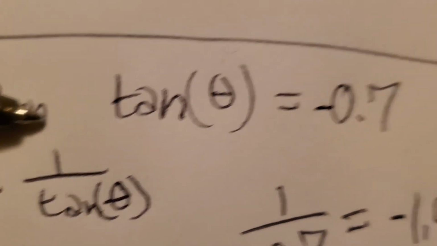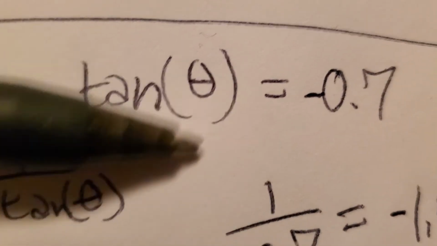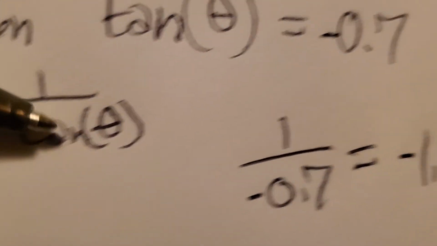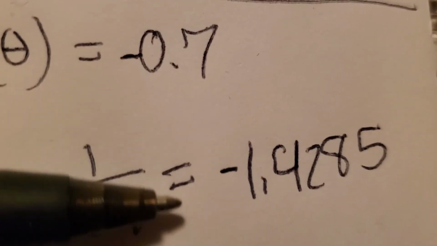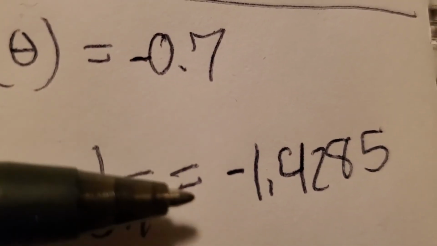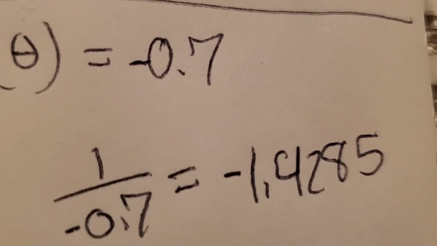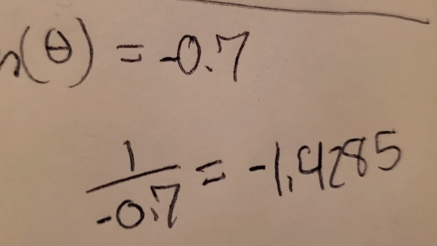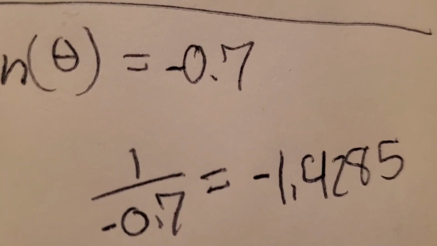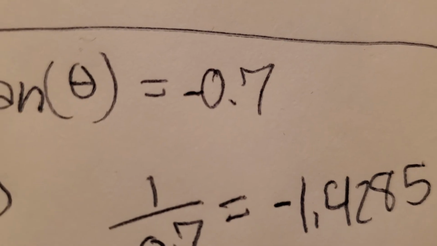So all you're going to have to do is plug in -0.7 for tangent of theta. So you're going to get -1.4785.